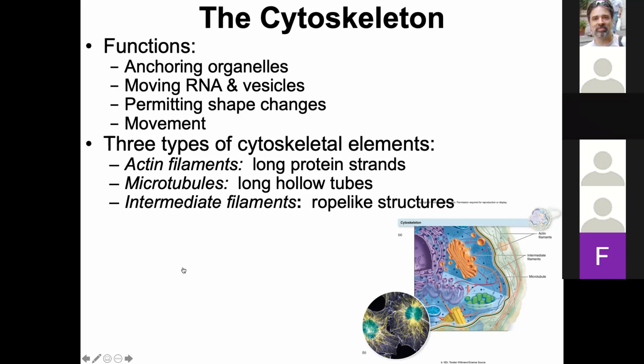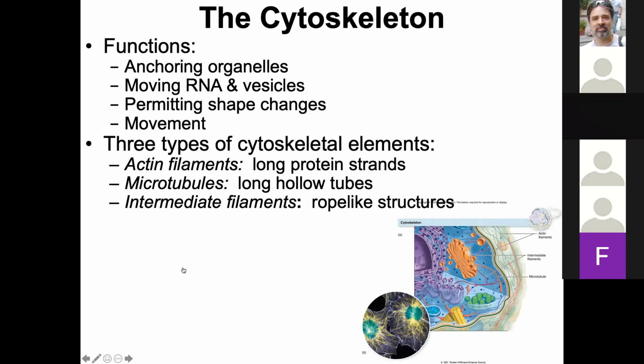Cytoskeletal components include actin, which is part of what are known as microfilaments, microtubules, which are made up of a protein called tubulin, hollow tubes, right? And intermediate filaments, which are rope-like structures.